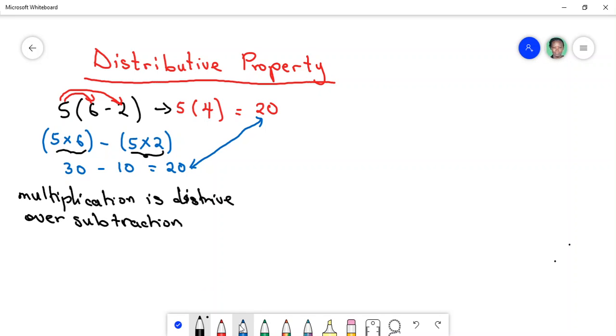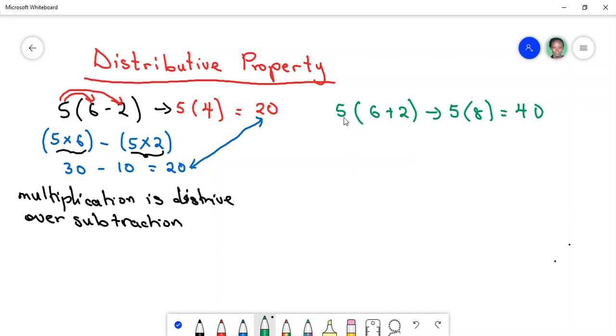Let's look at this as well. Let's say I had addition. Let's say I had 5 into brackets 6 plus 2. What would you have done? You would have had 5 into brackets, 6 plus 2 is 8, and this gives us 40.